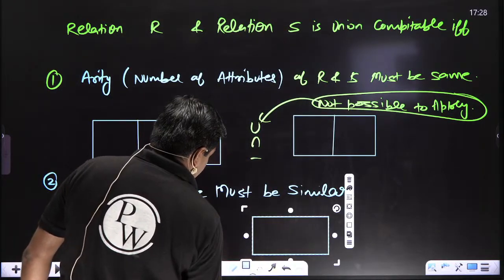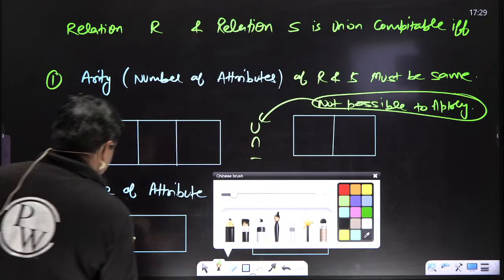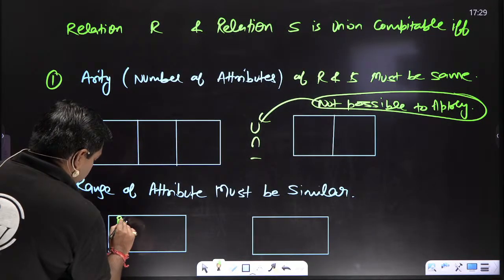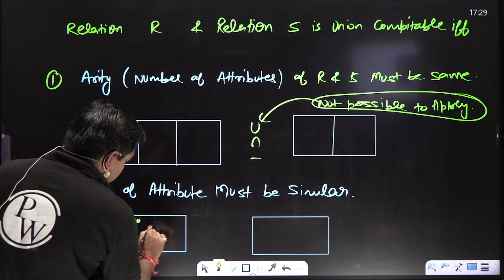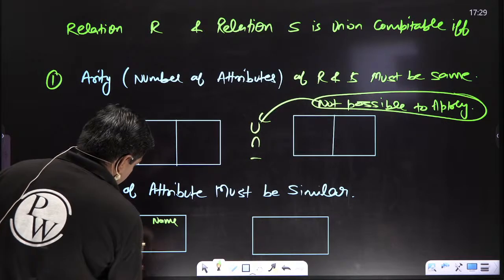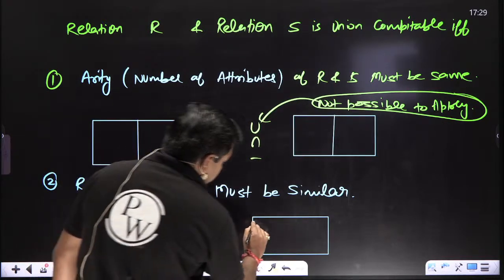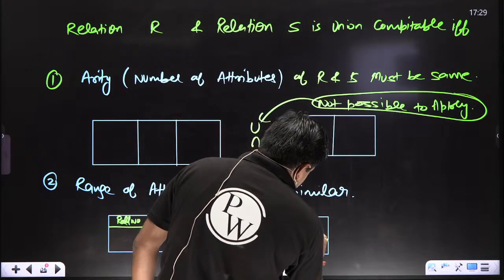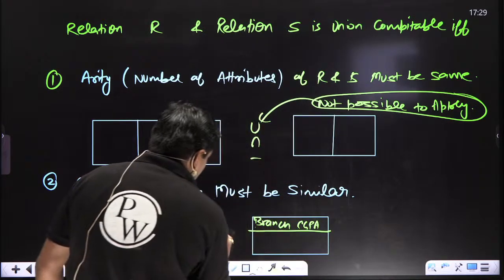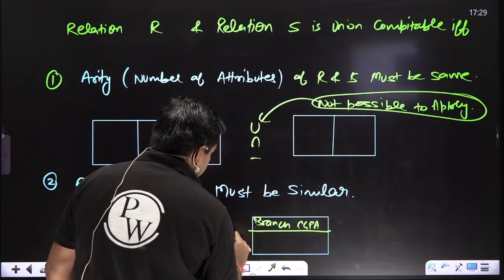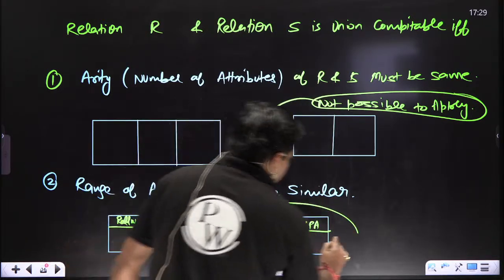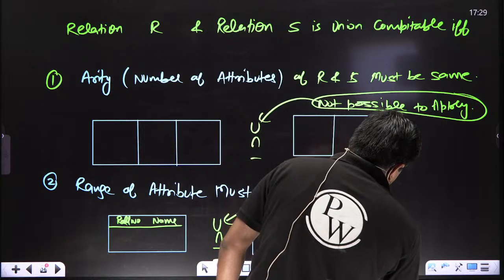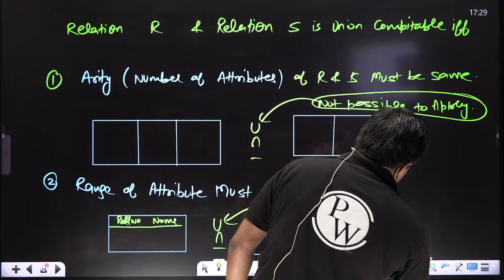For example, here we have ID, roll number, name. Here we have branch and CGPA. So you are not able to apply these things. Not possible to apply. What will you find in common, children? Nothing is possible.